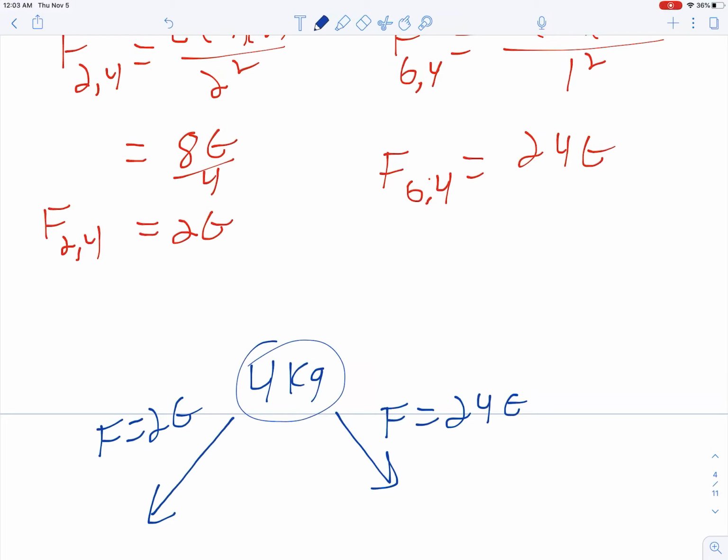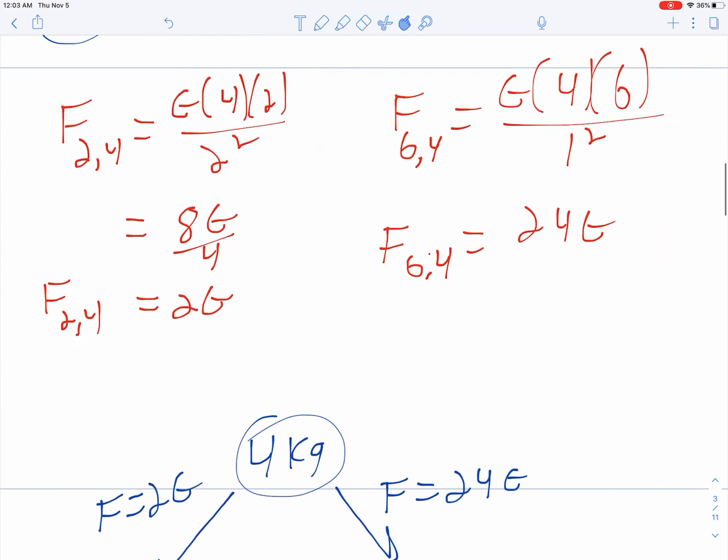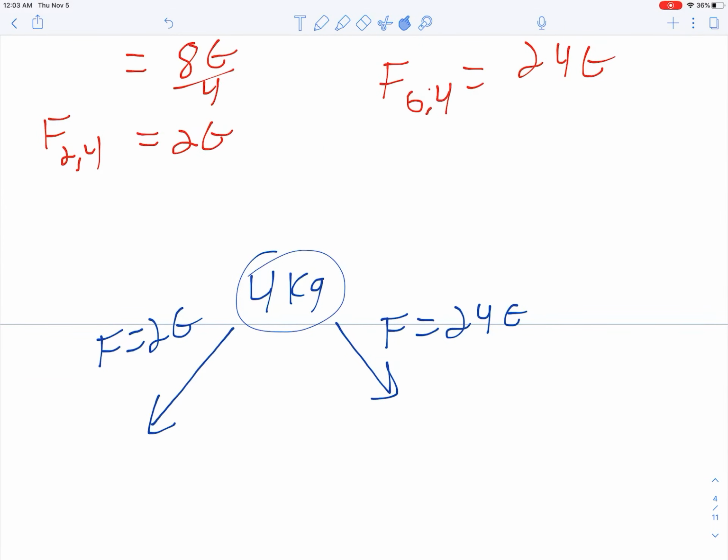Okay. Right, because that's basically the same picture, right? But instead of using distances and masses, I'm drawing the forces acting on that 4 kilogram object. It's getting pulled both those directions. And so now it turns into a problem like the Newton problems.